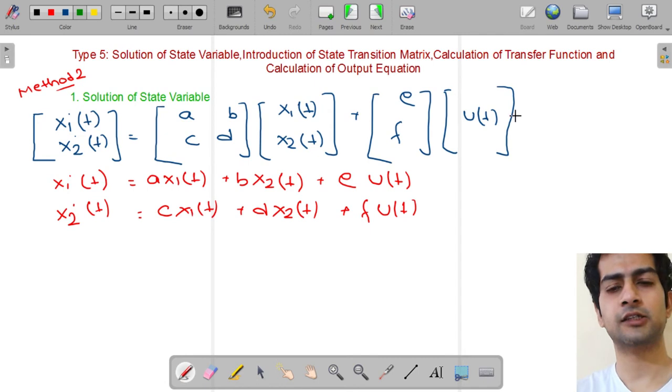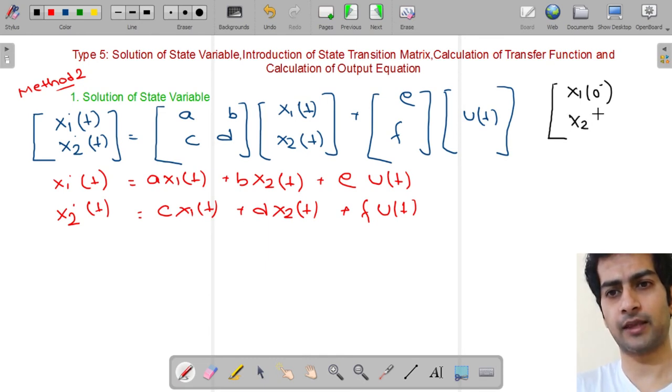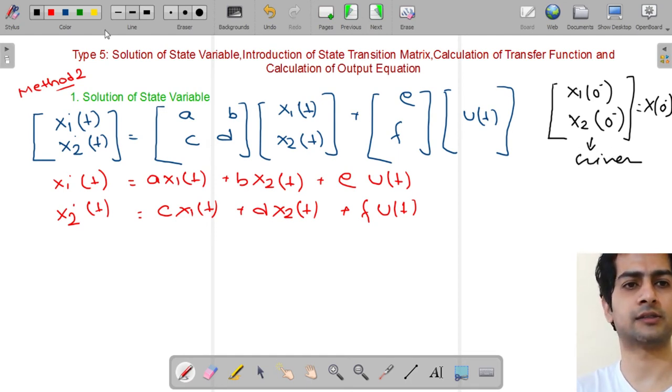Suppose initial condition is also given to us: x1(0-), x2(0-). These are the initial conditions which are already given to us.